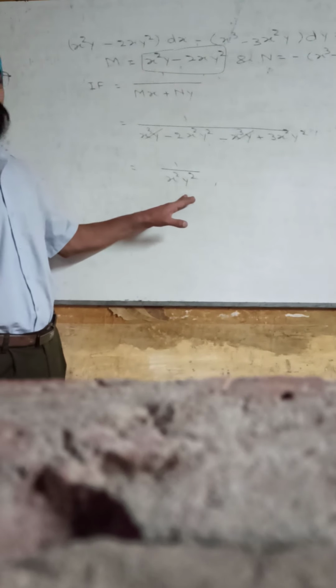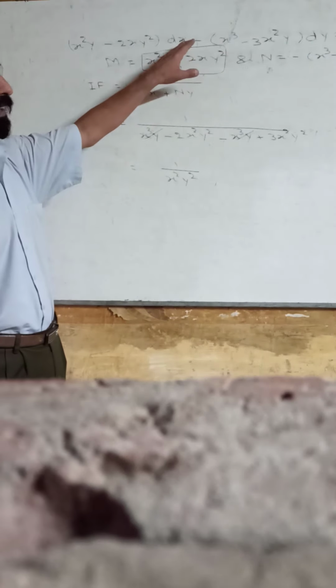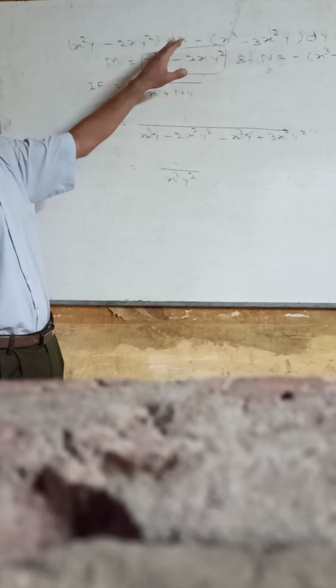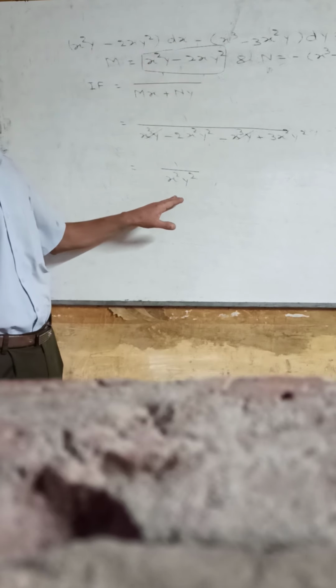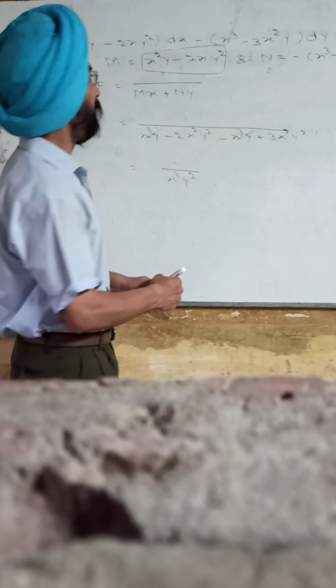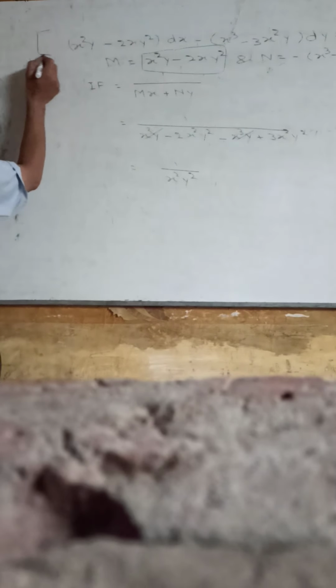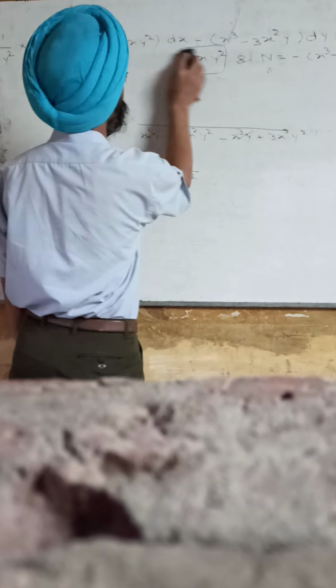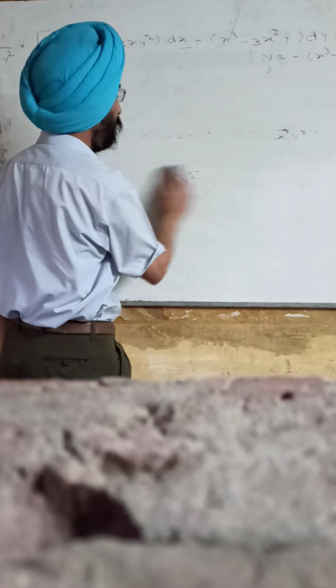What we have to do now is multiply the given differential equation by this integrating factor, 1 upon x square y square. Look at the calculation.